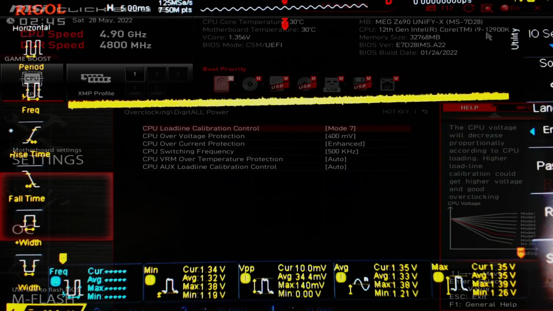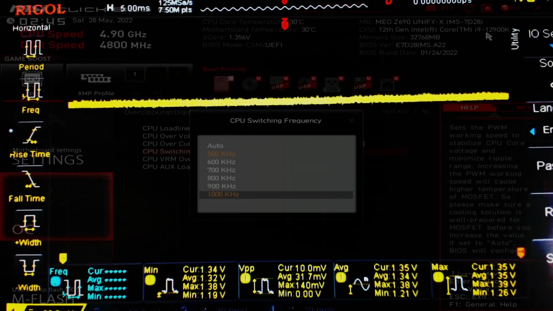So if there's less impedance to the capacitors on the back of the board where I'm measuring from, then that actually means those capacitors are more effective at stabilizing the voltage supply for the CPU. But consequently, if I'm taking a measurement from there and there is less impedance, then that means we're going to be seeing more noise than on a motherboard that has a lot of impedance to the back of the socket, right? Anyway, let's try 1000 kilohertz now.